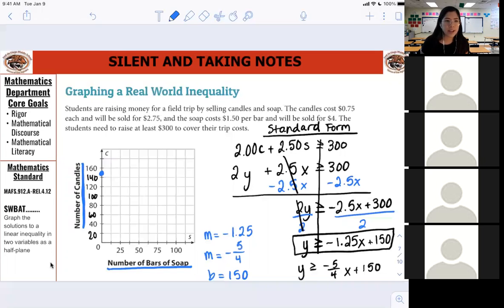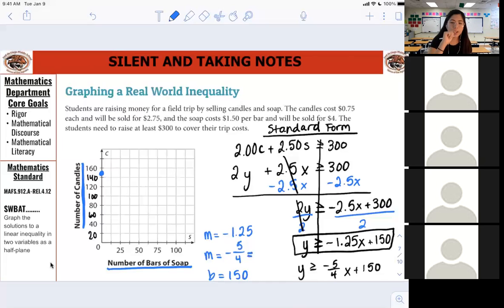Okay, so like I said, this is negative 5 over 4. But I can rewrite that to my advantage. In other words, let's see, what number times 4 gives me 100? 25, right?